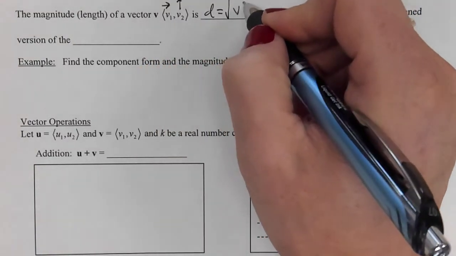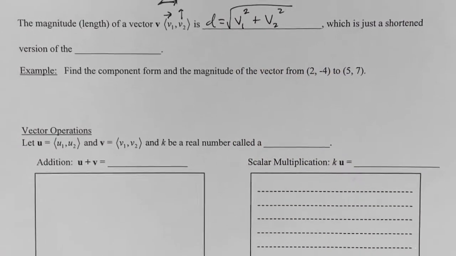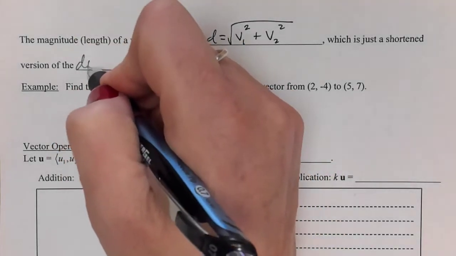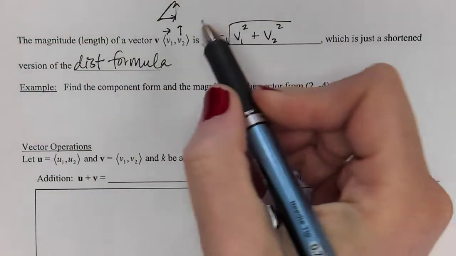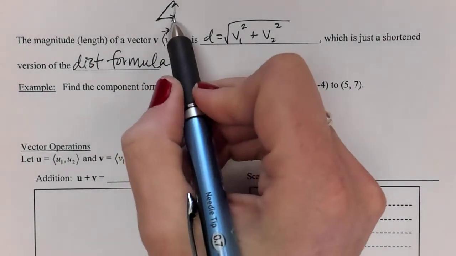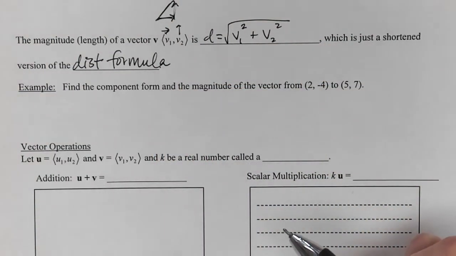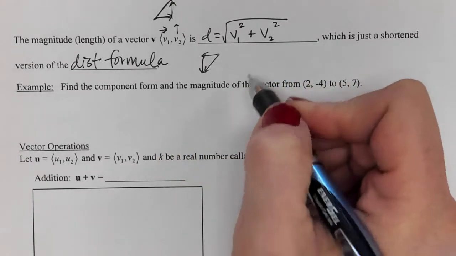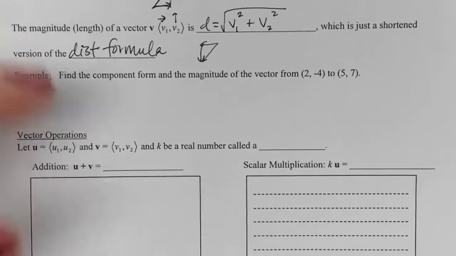So that's found by taking each one of your sides and squaring them, and then just rooting the answer, which is just a shortened version of the distance formula, like I said. You went over some, you went up some, and now you're going to find the hypotenuse. Or maybe you went left and then you went down, but you're still finding the hypotenuse. So it's just a shortened version of Pythagoras and even of the distance formula.